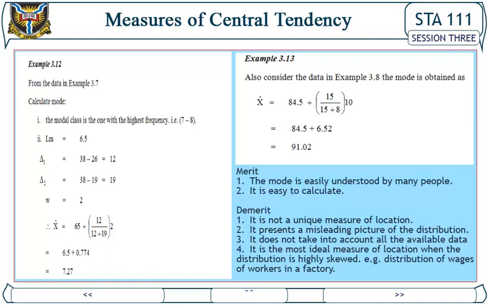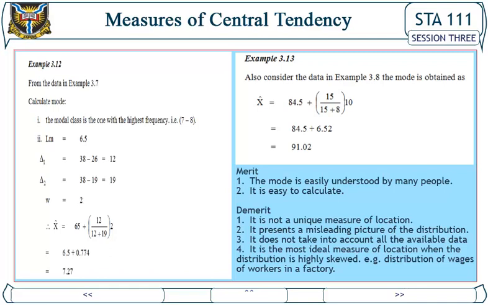Example 3.12. From the data in example 3.7, calculate mode. 1. The modal class is the one with the highest frequency, that is 7 to 8. 2. Lm is equal to 6.5. Delta 1 is equal to 38 minus 26 is equal to 12. Delta 2 is equal to 38 minus 19 is equal to 19.